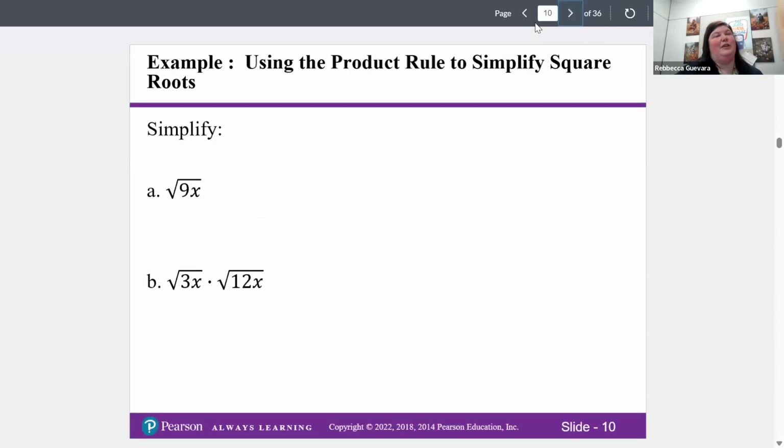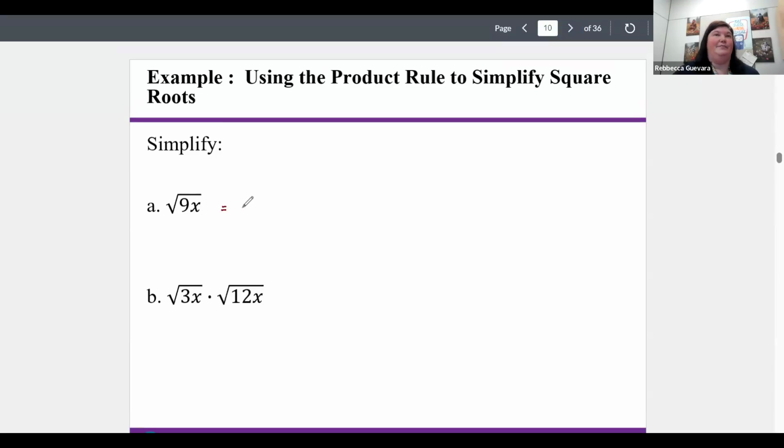All right, so we want to simplify the square root of 9x. So remember, we have this rule: the square root of a times b is just the square root of a times the square root of b. That means that I can change it to the square root of 9 times the square root of x.